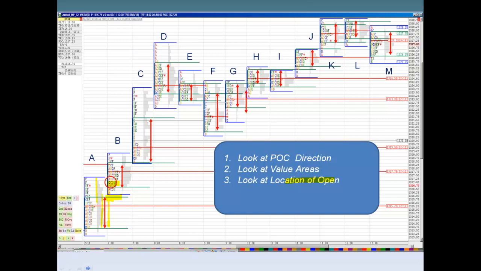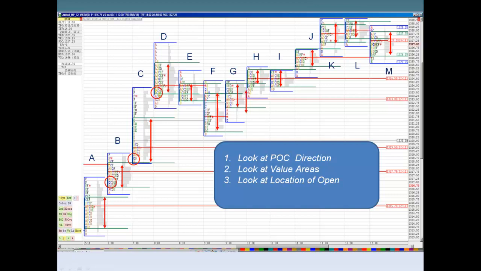Let's take a look at period C. And here we open above value, and take a look. We had a minimal test, just one print below the open, and we take off like a rocket. And the value area begins to expand. All right, now we're going to take a look at period D together. This open relative to the prior period.